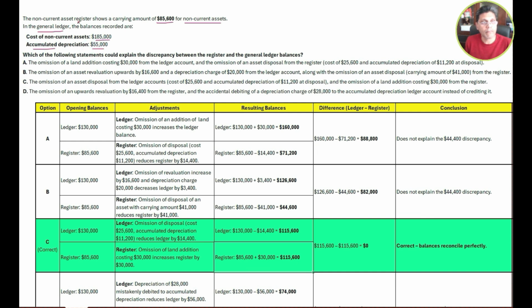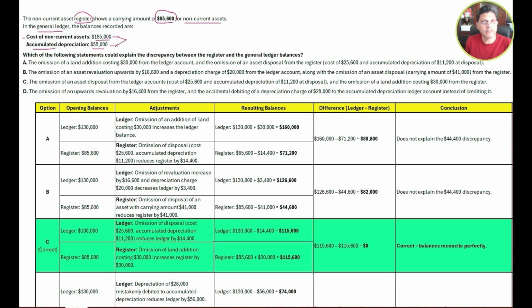Now you are given the non-current asset register balance as 85,600, where all the detailed assets are recorded in the register, and in the general ledger you are given the cost as 185,000 and accumulated depreciation as 55,000.